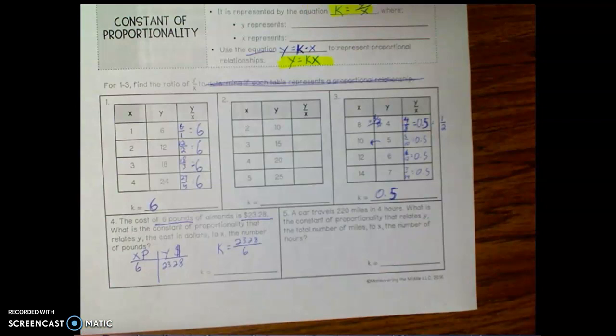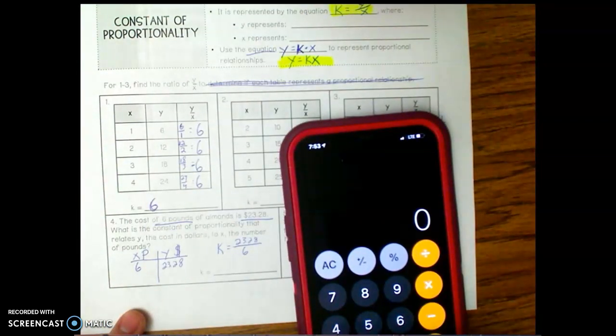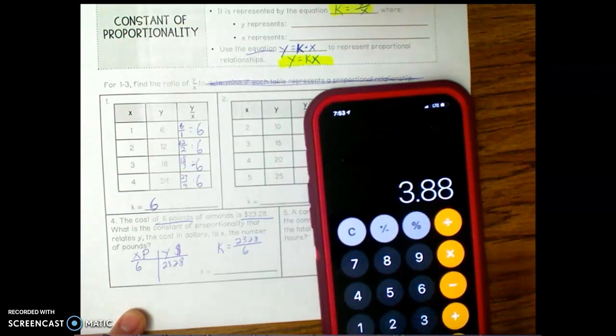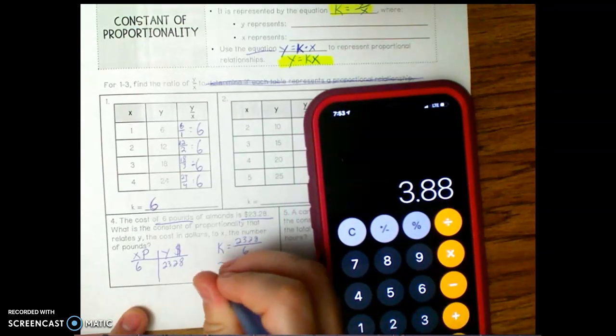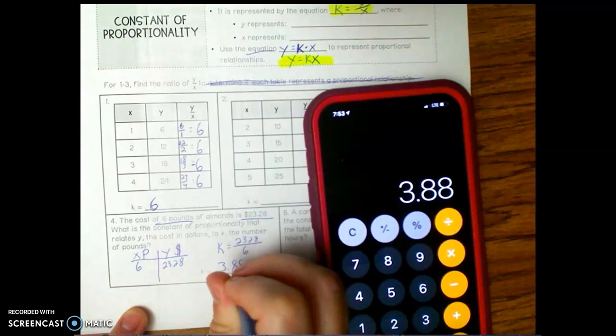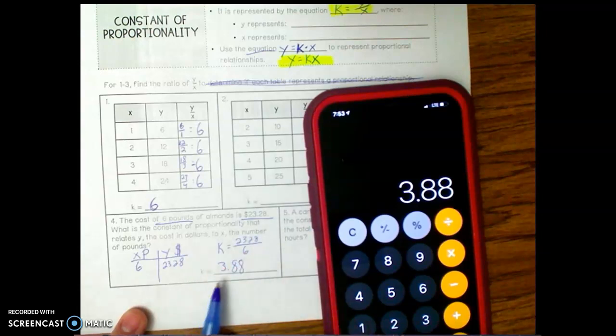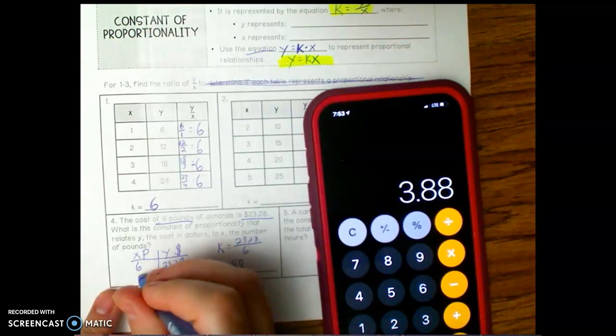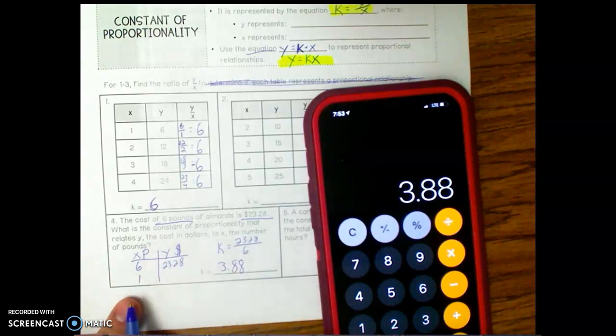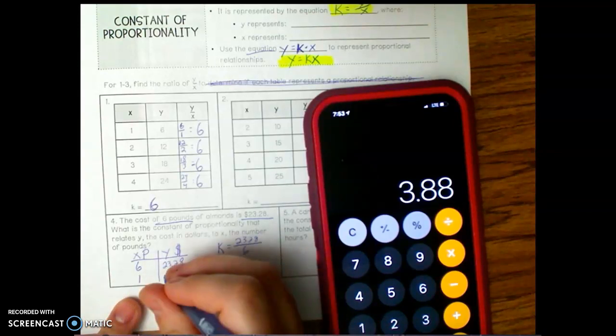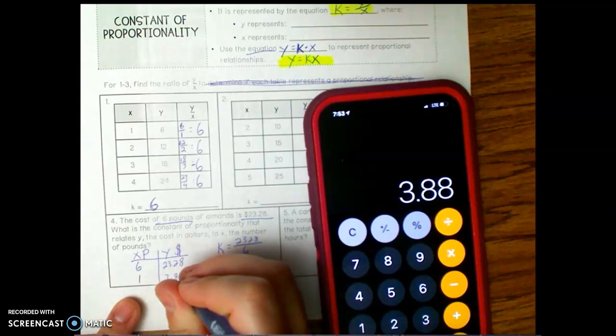I'm going to use my calculator to help me with the decimal work. 23.28 divided by 6 is 3.88. That is my constant. So that means for every 1 pound of almonds, I'm going to be paying $3.88.